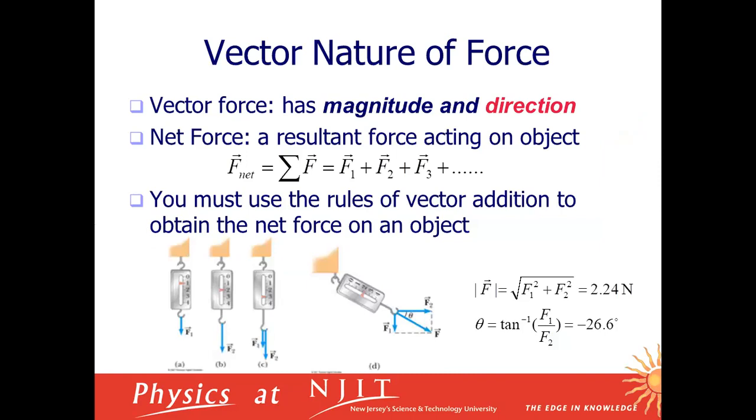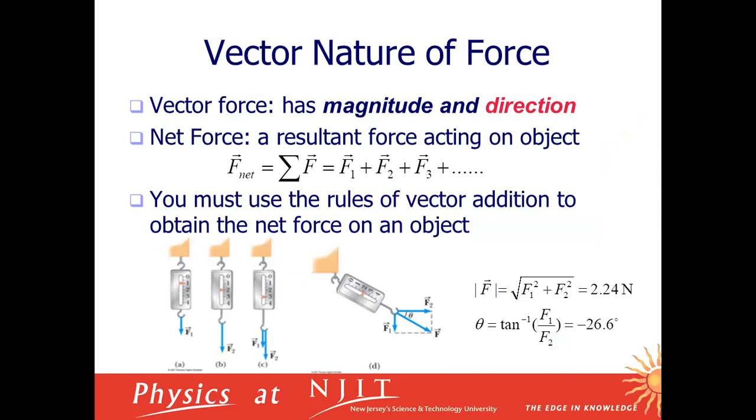So we have the vector nature of force. Again, force has a magnitude and direction. Your net force is equal to the summation of forces. Okay? You must use the rules of vector addition to obtain the net force on an object. How are you going to get the net force of an object?